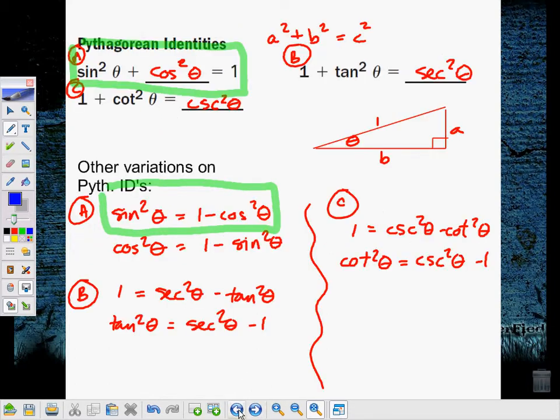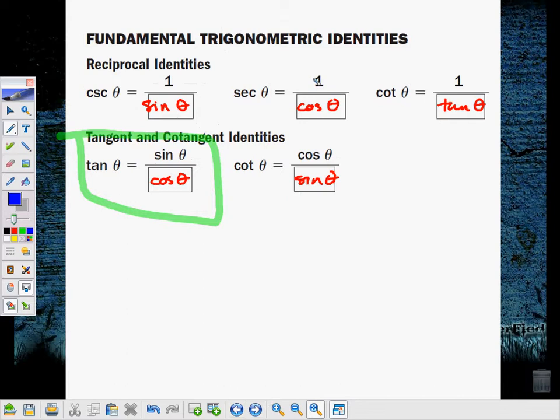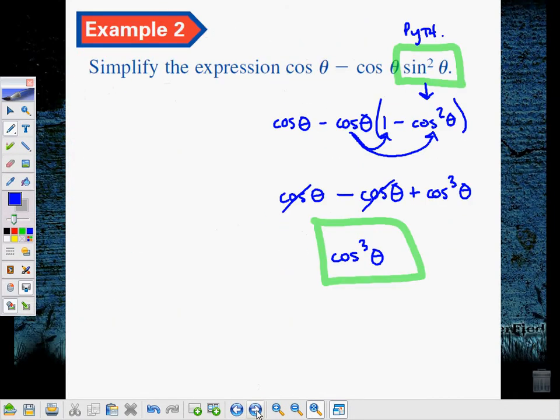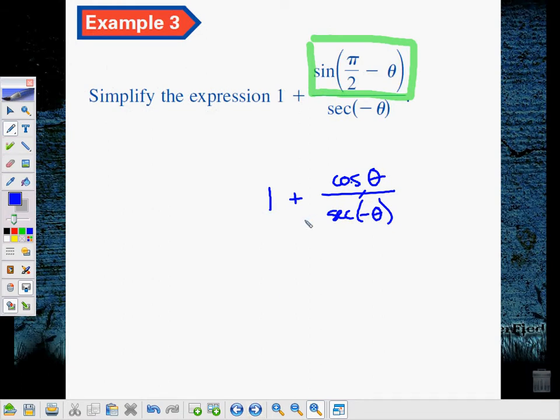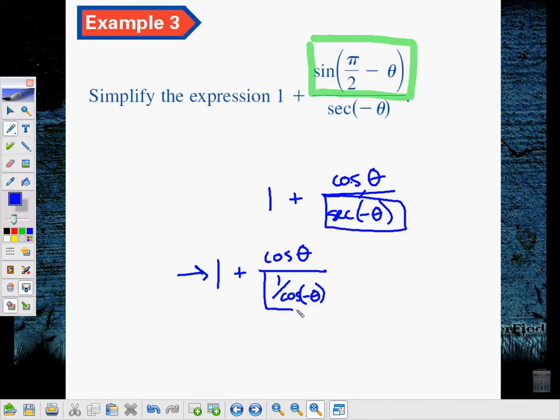But if we remember that secant is equal to 1 over the cosine, I can take a multi-step process here. Bear with me. This is going to turn into 1 plus cosine of theta, nothing changed there, over 1 over the cosine of negative theta. So I've replaced this with this.